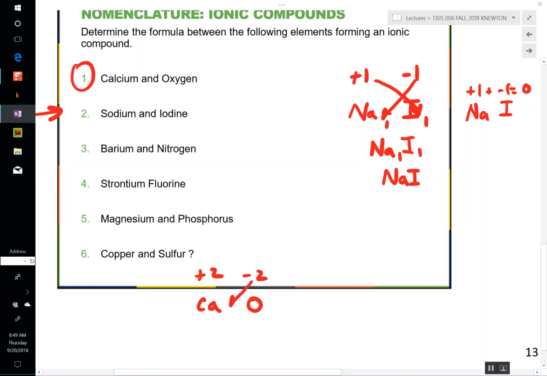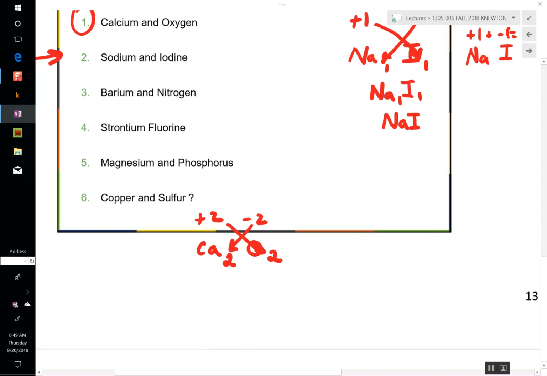So I could put the 2 there and a 2 there, and I would come up with Ca2O2. But in these formulas, what we want is the ratio of calcium ions to oxygen ions, and the lowest reducible ratio we can get from it.